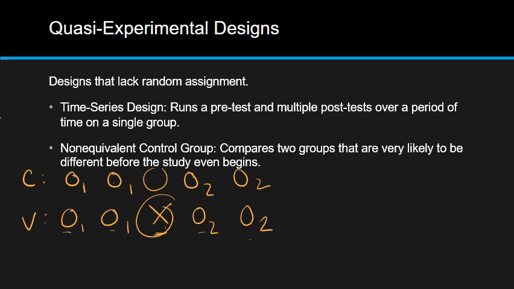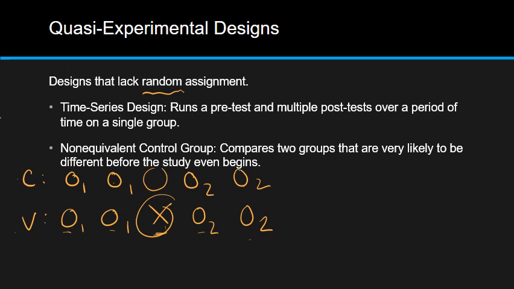Here's the thing. So when you say that the groups are very likely to be different before the study even begins, what this means is that your groups weren't random, remember? So yes, you have a control and a variable group, but the groups might have already been different by nature. So with my public speaking training class, if my way of getting my sample was, I'm going to take Miss Scott's class, and then we're going to take the honors public speaking class from Miss Clark, and we're going to compare the two.